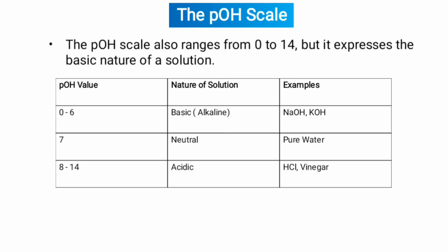If the pOH value is 7, the nature of the solution is neutral. Example: pure water. A pOH value from 8 to 14 means the nature of the solution is acidic. Examples: HCl, vinegar.